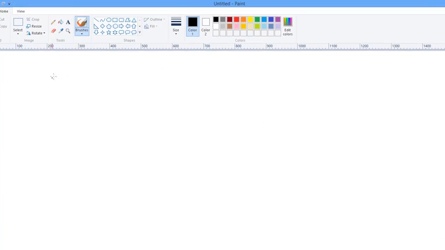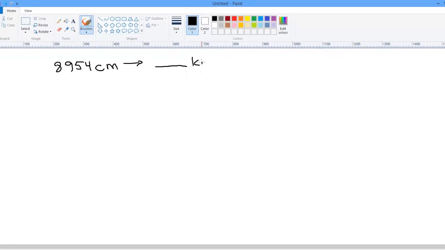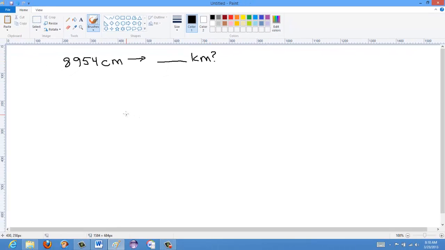The second example I have is, let's say, 8,954 centimeters. And what I want to do is say, well, how many kilometers is that? It's blank kilometers. Again, I can use a number line to do this. Where's centimeters on here? Let's say it's just over here. So centimeters is over here, and that's 10 to the negative 2.